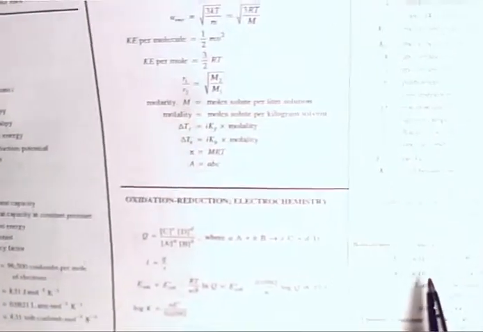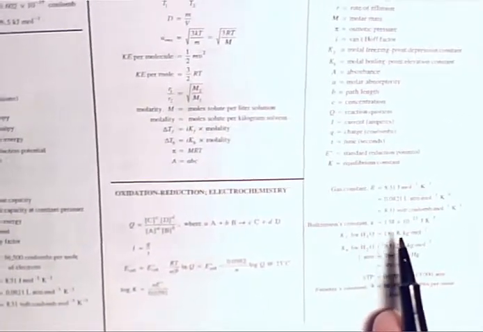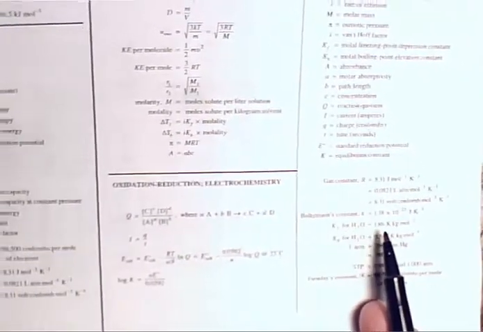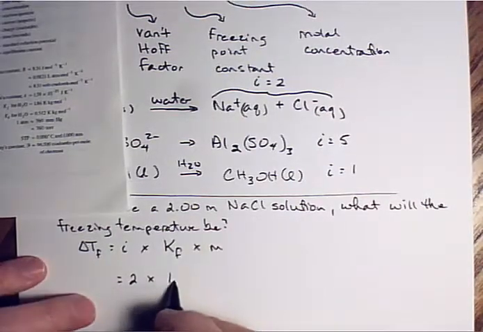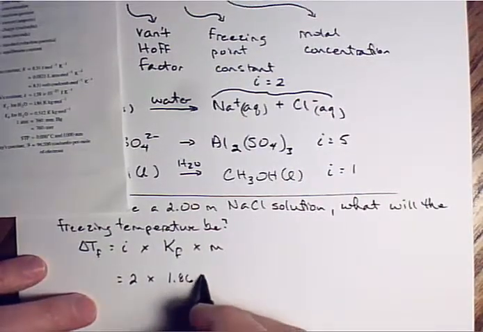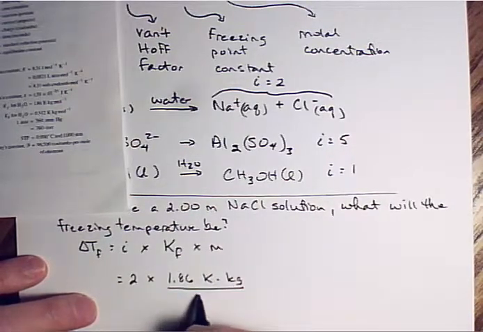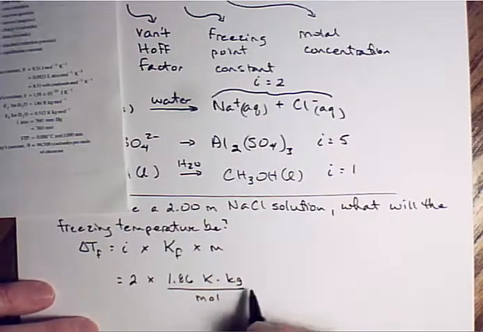Okay, it's right here. What's our constant? 1.86 Kelvin times kilograms over moles. It has moles with a -1, that means it's over moles.